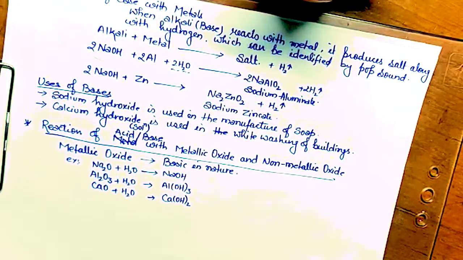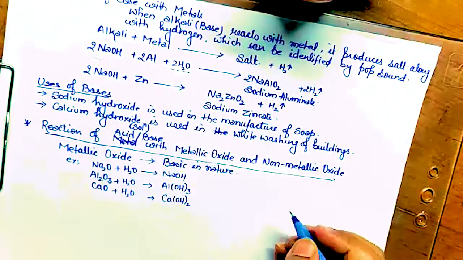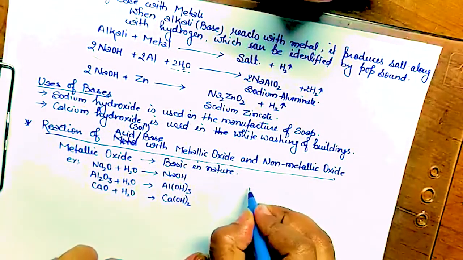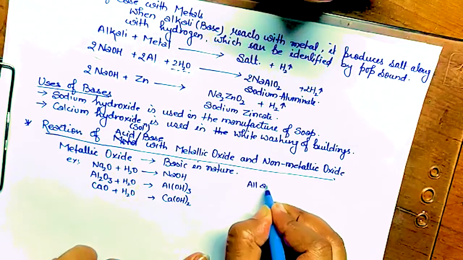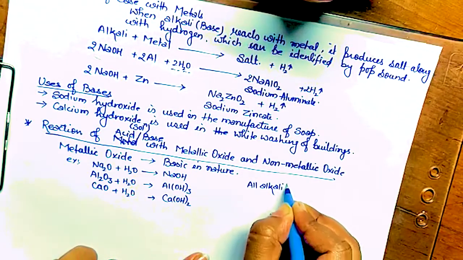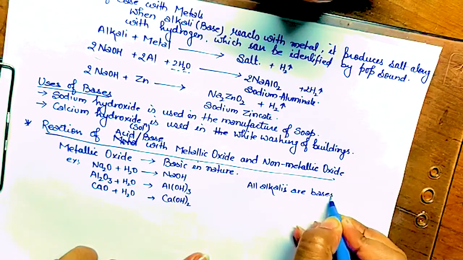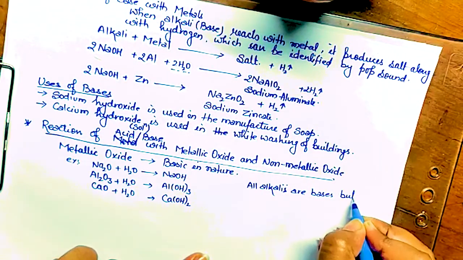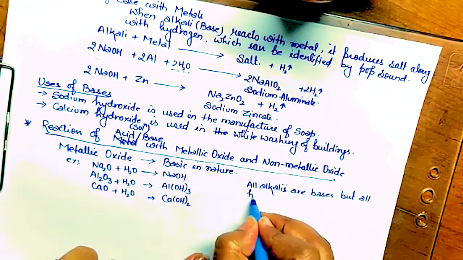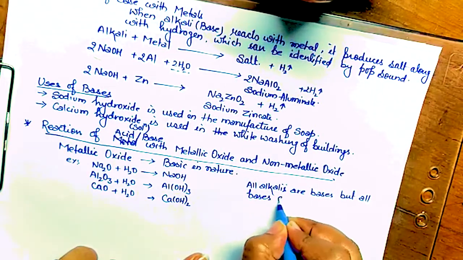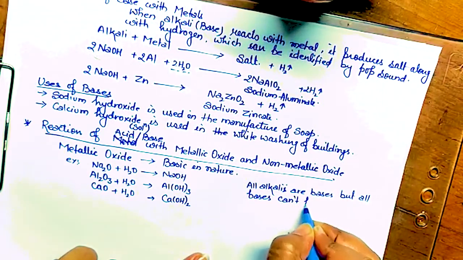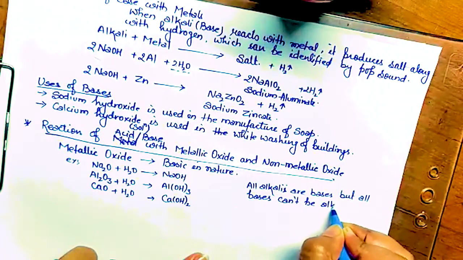And now one more thing I want to tell you. What is the difference between alkali and base? All alkalis are bases, but all bases cannot be alkalis. Why so?